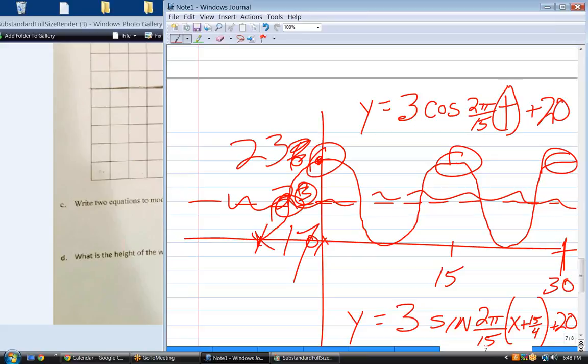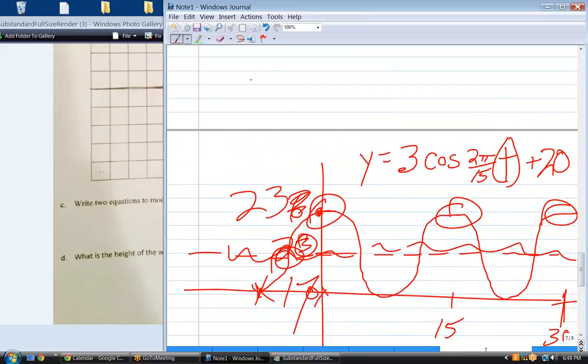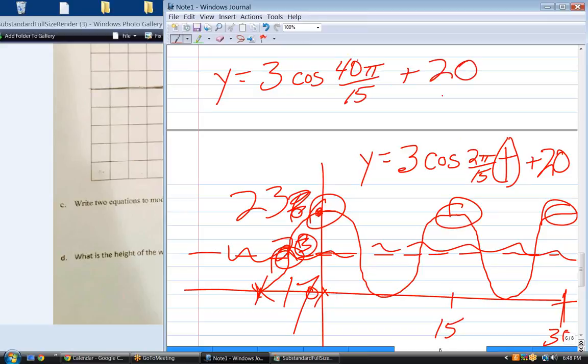It would be, let's see, not yet. It would be at like 19. Well, here, let's answer this. Y is 3 cosine. If I fill in 20 for t, then I've got 40 pi over 15 plus 20.